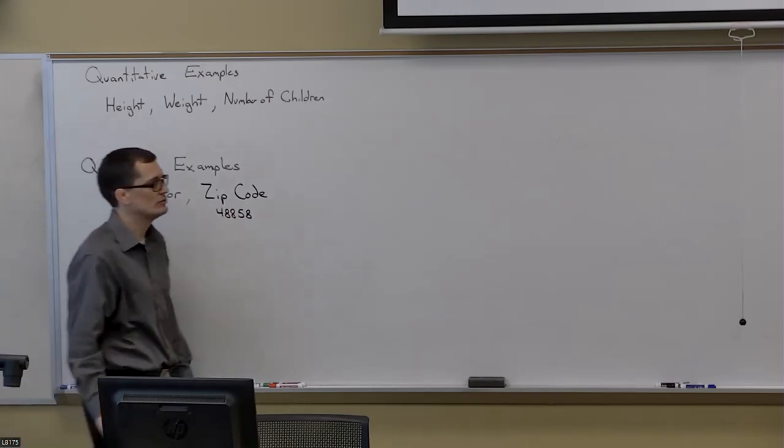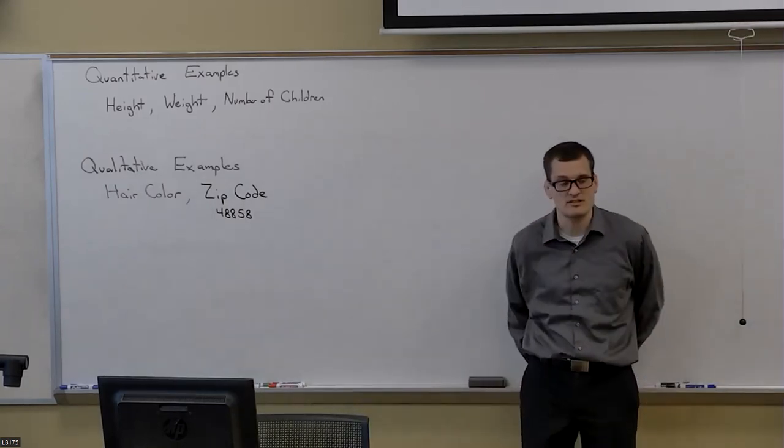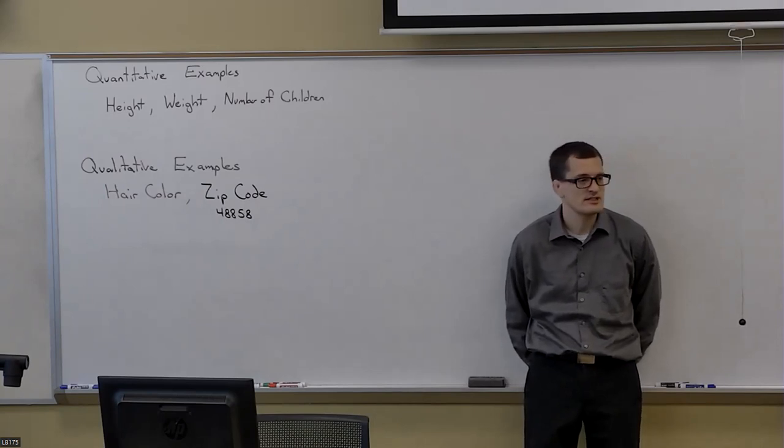If I told you my mom's zip code was 10,872 higher than ours, that doesn't tell you anything about where she lives. East of here, west of here, north of here, south of here. Okay.